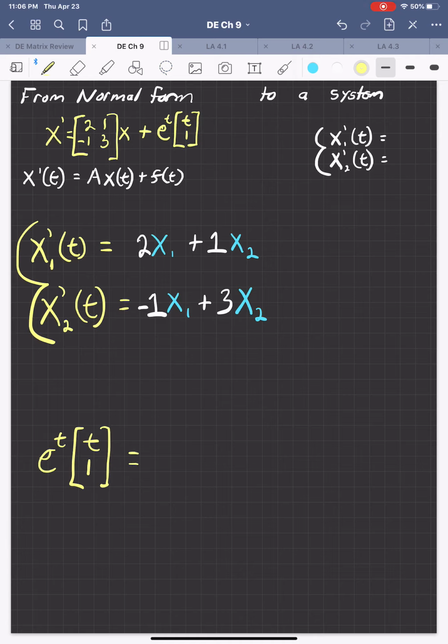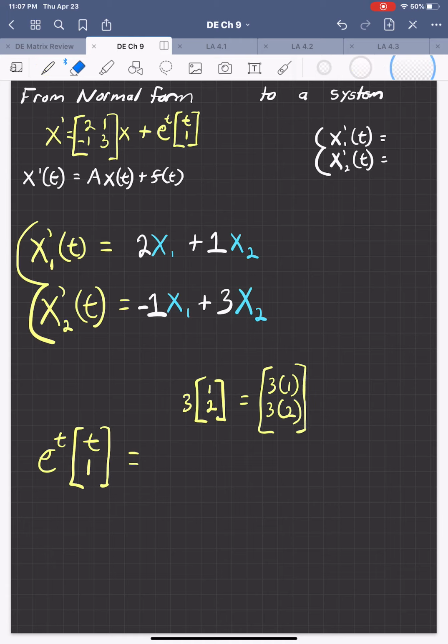So let's start. So multiplying, just like you would scale, right? If you had 3 scaled to 1, 2, what would that give you? Well, it'd be 3 times 1, and then it would be 3 times 2, right? That's if you were scaling. Now, we're not going to keep it in the matrix form, right? Because that's not the goal. The goal is to get it written as a system.